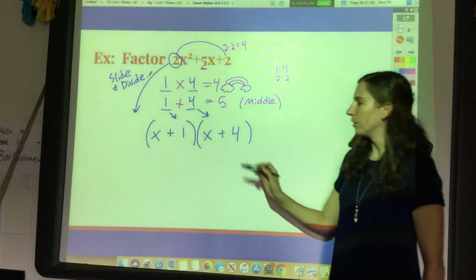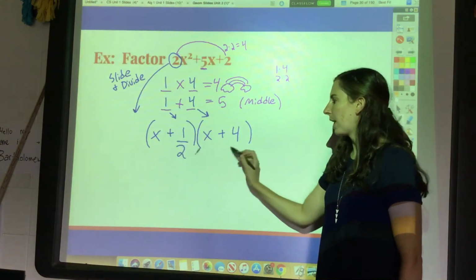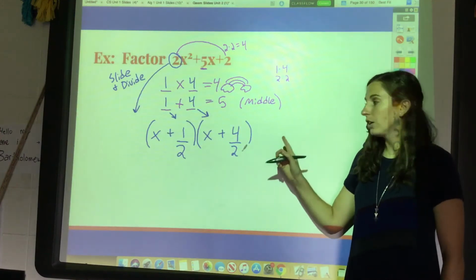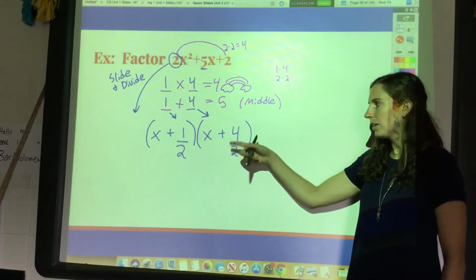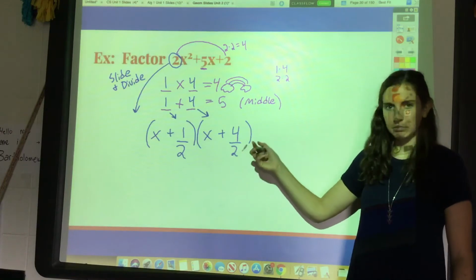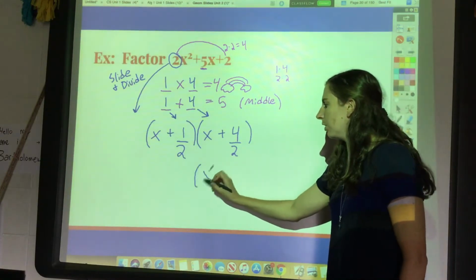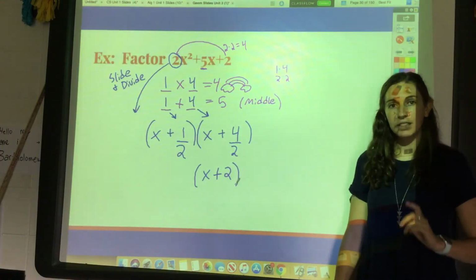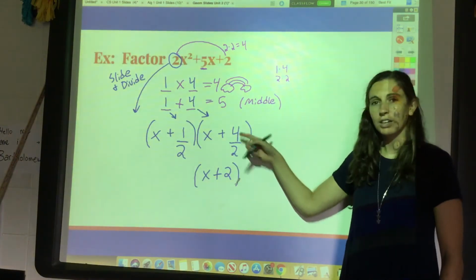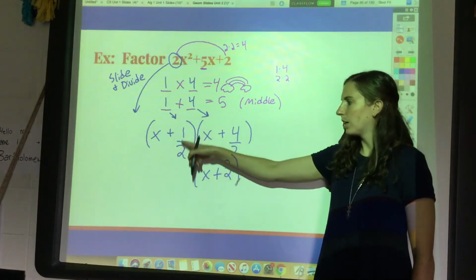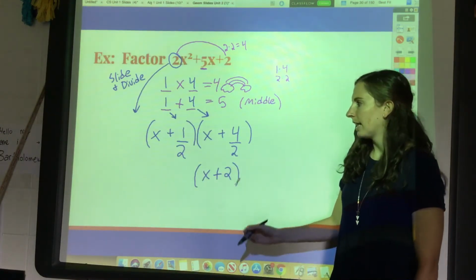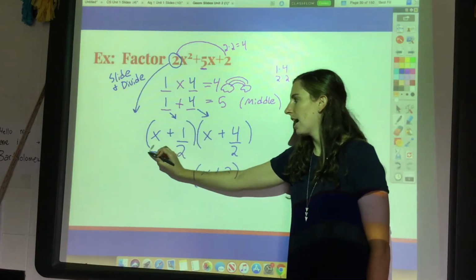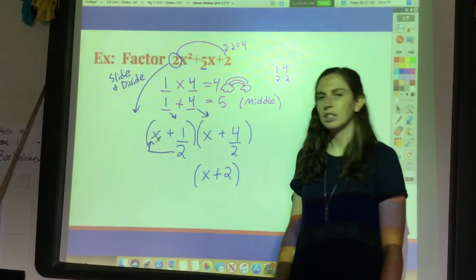So what we're going to try to do is divide both of these by that 2. If they divide evenly, great. On this one, 4 divided by 2 is just 2, so we're left with just x plus 2. If it doesn't divide evenly, or the fraction doesn't simplify, like on this one, we have 1 over 2, and there's no simplification there, I'm going to slide it over right in front of the x.